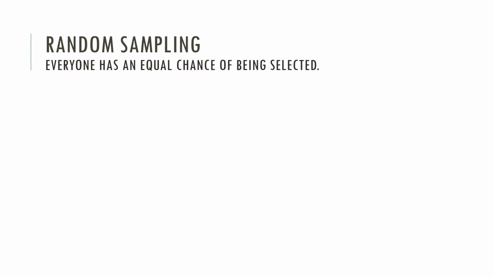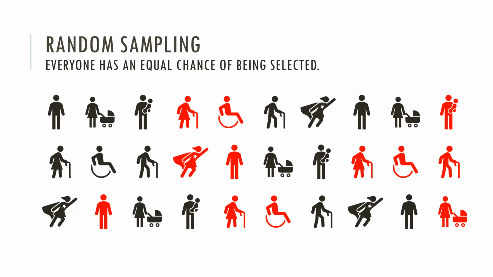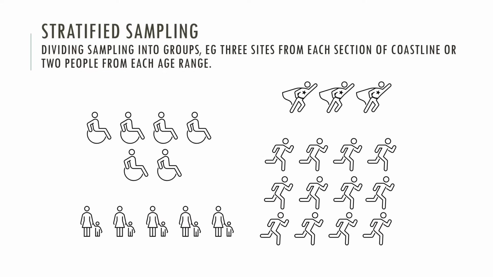Next one is random sampling, where you just use a computer model or whatever to randomly select sites. So in this particular case, I've just chosen people to stop and ask. On a beach, you might just say, I use a computer model, and whatever distances along the beach it chooses, I will stop and collect my data.